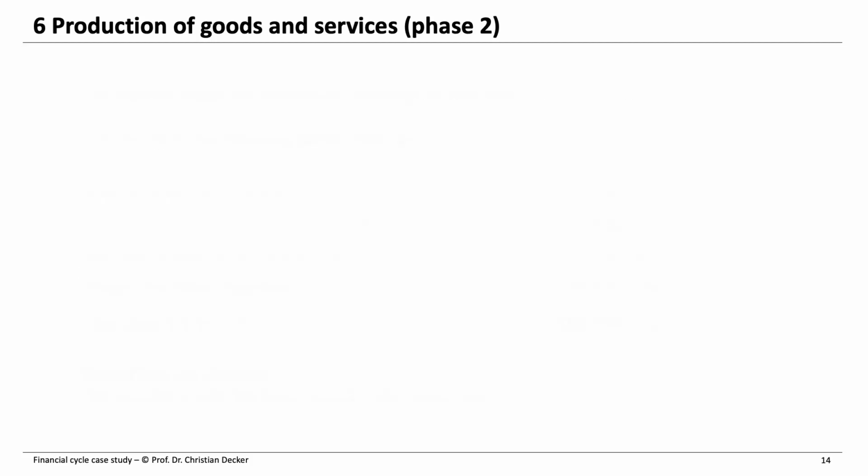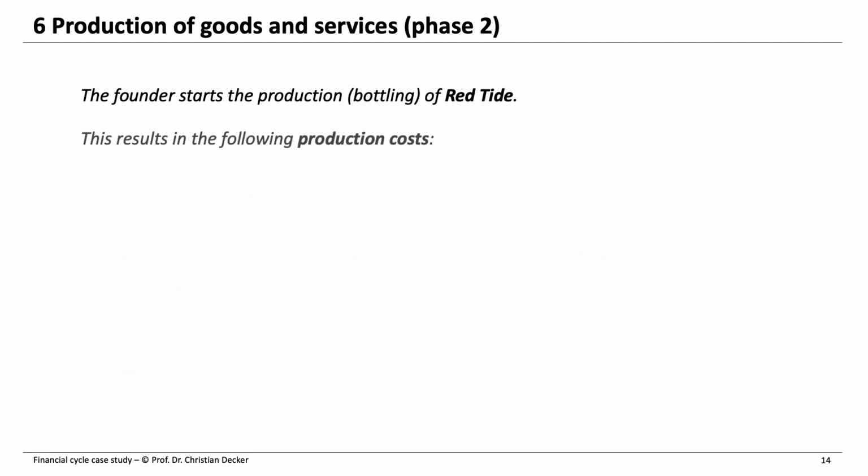Let us now look at the implementation of the considerations for the production in the case study. The founder starts the production, meaning the bottling of red tide. This results in the following production costs. Raw materials and supplies with a value of 135,000 euro are used in production.